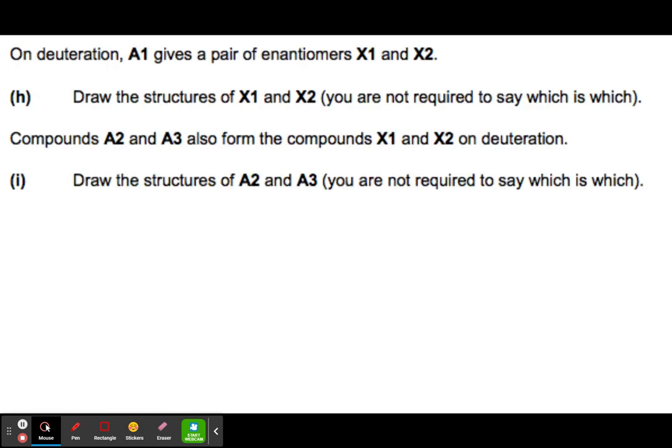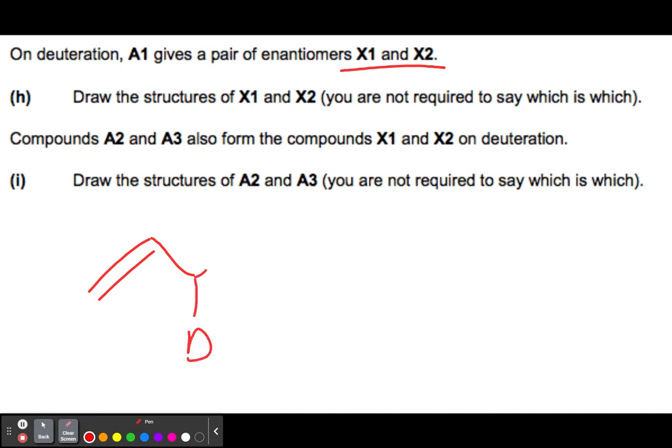Now, the next question. On deuteration, A1 gives a pair of enantiomers, X1 and X2. So let's just remind ourselves, A1 was this. Now, we need a way to add 2, so we're adding D2.